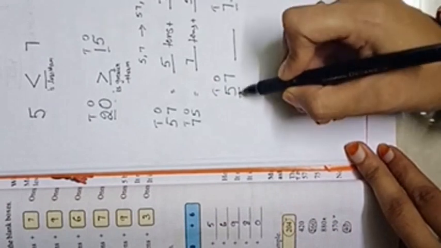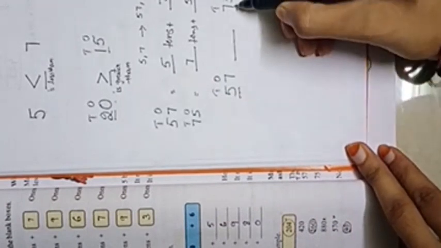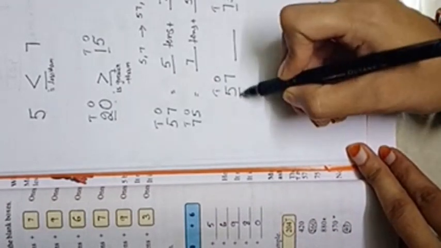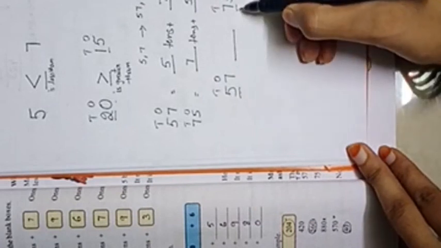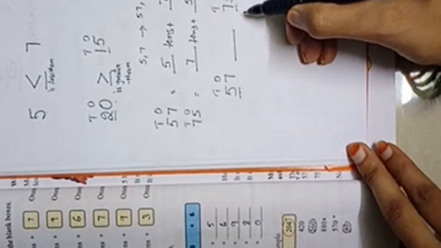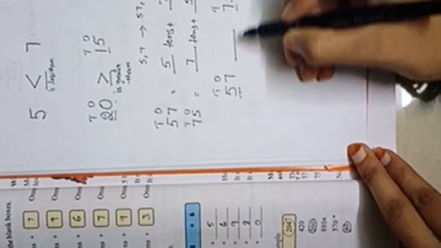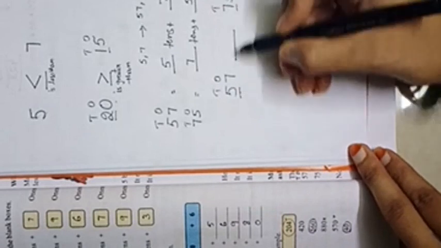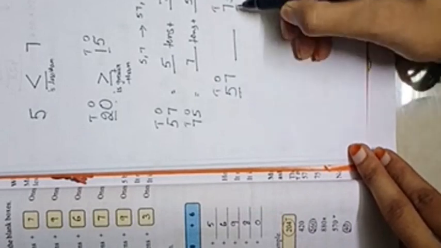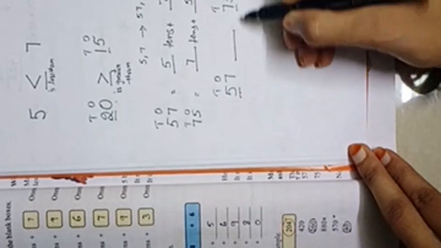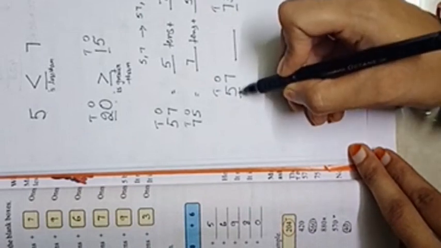5, 7. 5 is less than 7. Yes, you will say, teacher, 5 is less than 7. So 7 is greater than 5. So 7 is the bigger number and 5 is the smaller number.